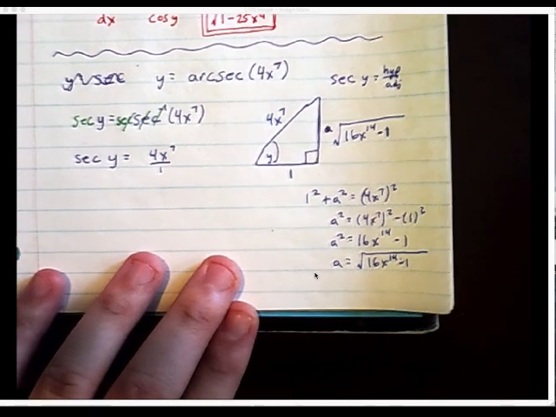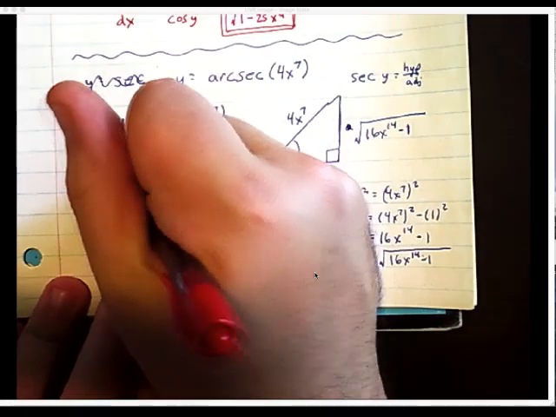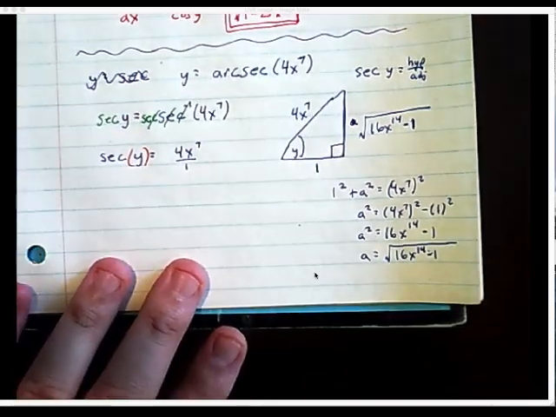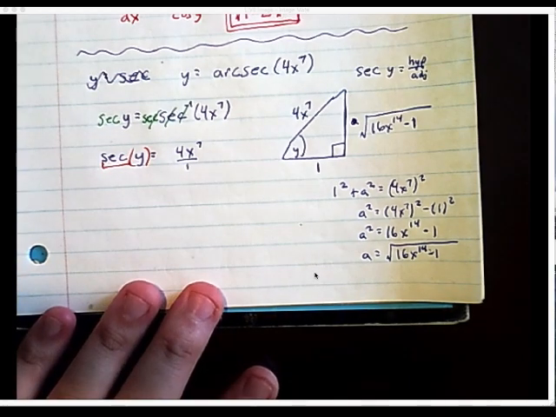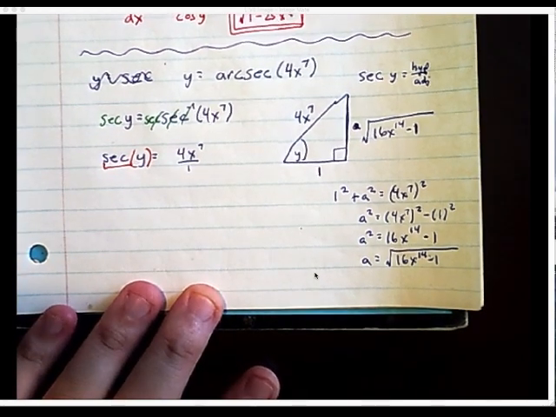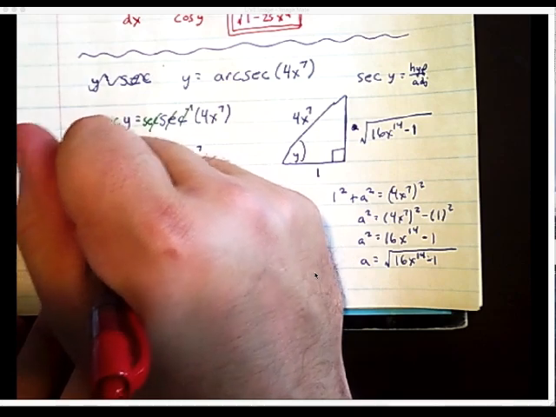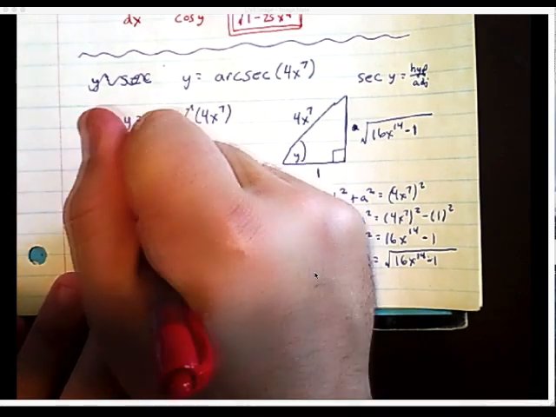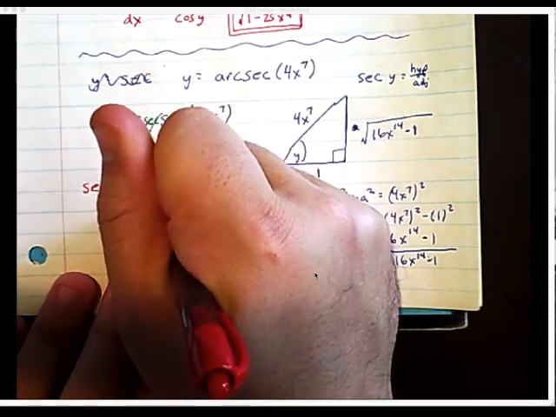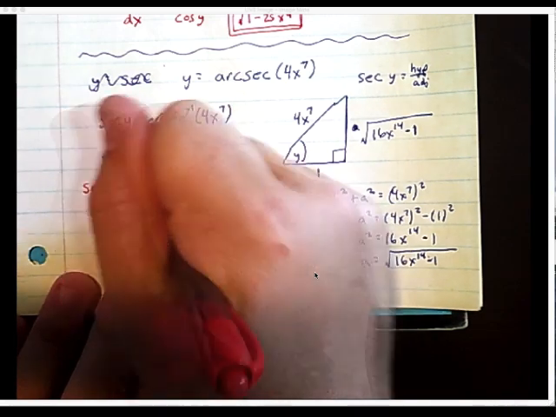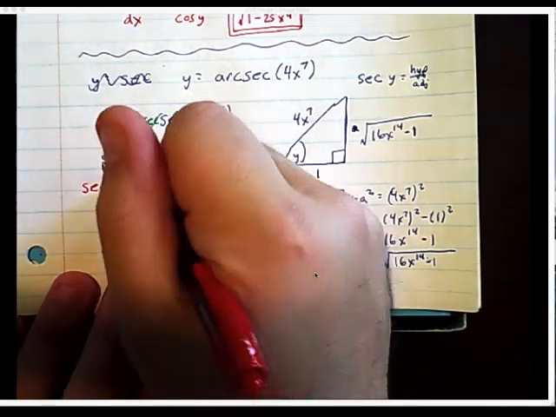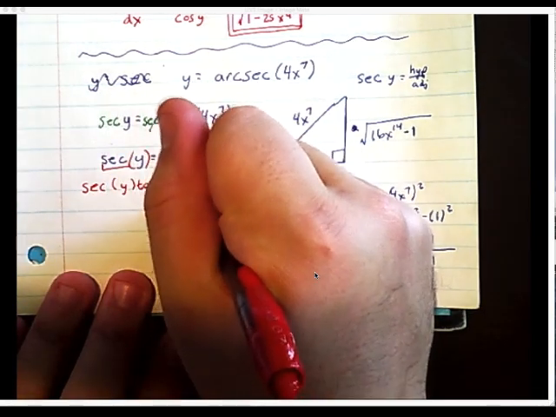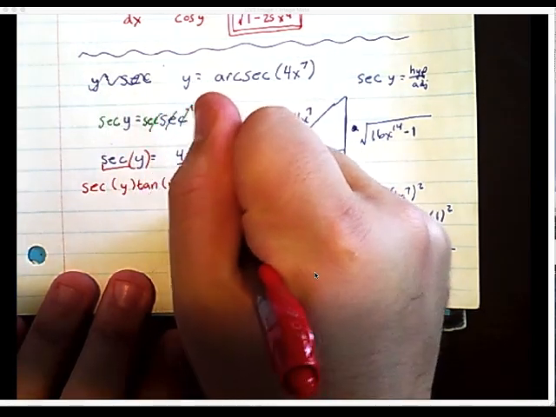Your whole goal is to take a derivative though. So again, you have to use implicit differentiation. Derivative of the outside: the derivative of secant is secant tangent. You don't change the inside. Times the derivative of the inside. What's the derivative of y? We call that dy over dx.